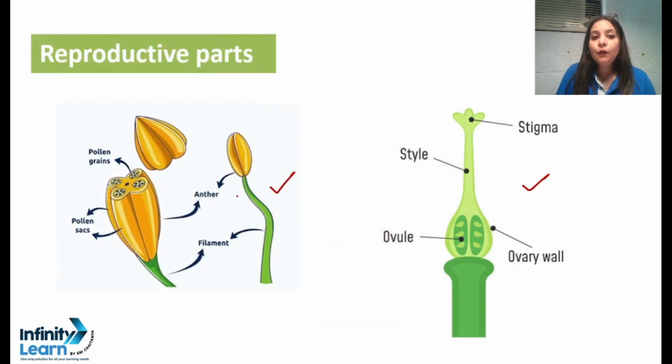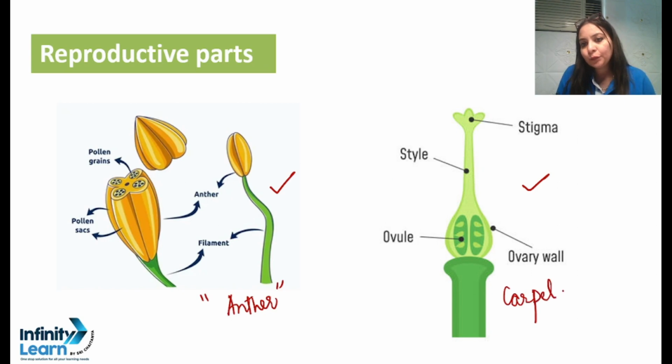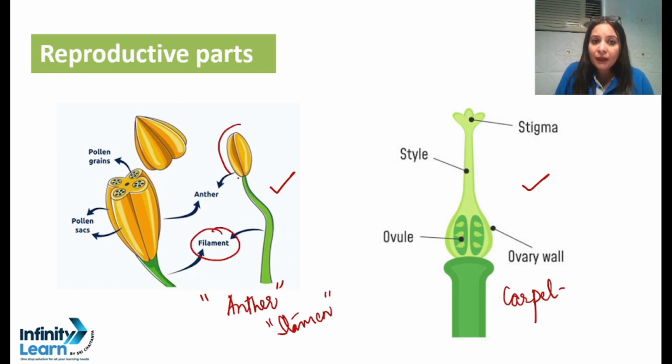So when I'm talking about the male part, the male part is called the anther. And the female part is called the carpel. On the anther, what you can see is that it has a filament. You can also call this the stamen. This is the filament, and on top of the filament, this lobular structure that you see is the anther lobe.